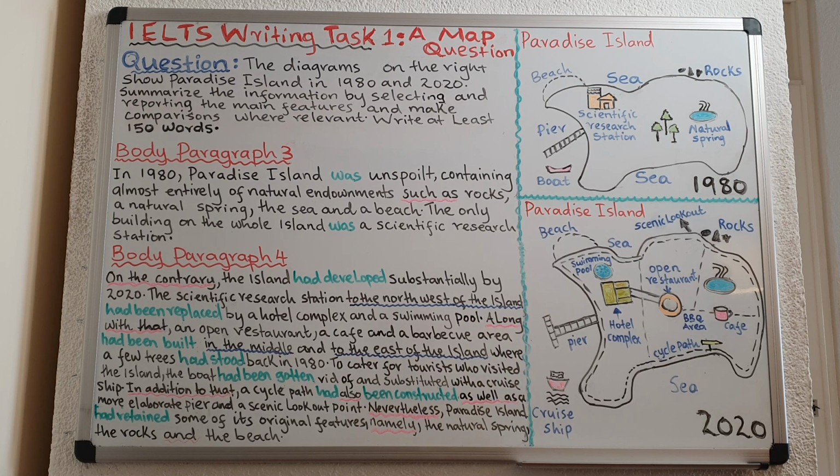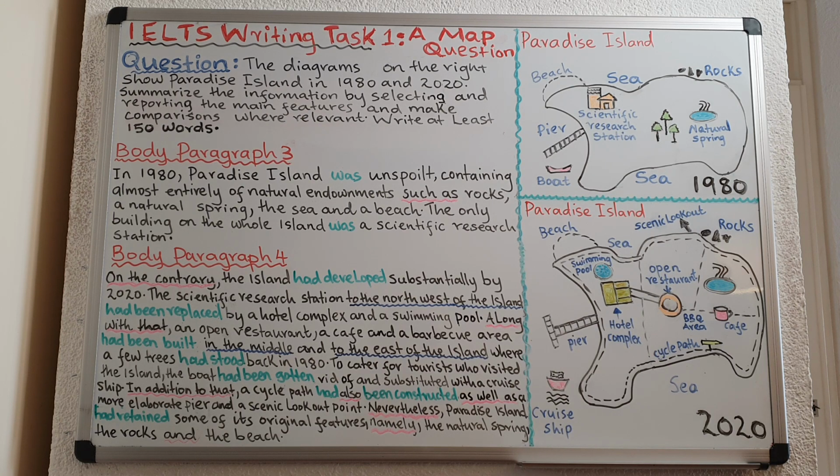So what I have done in body paragraph 3 is I have identified the main features in Paradise Island in 1980. I have pointed out that Paradise Island was unspoiled. Unspoiled means that it was not developed at all. It was still in its natural state, containing almost entirely of natural endowments.